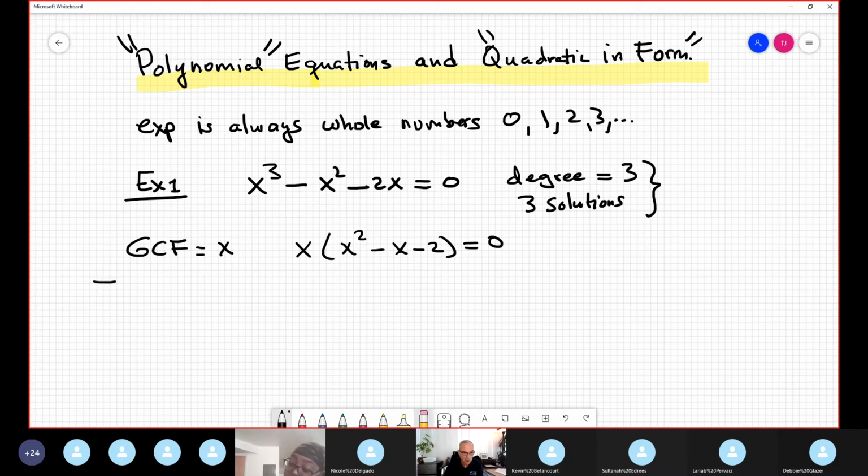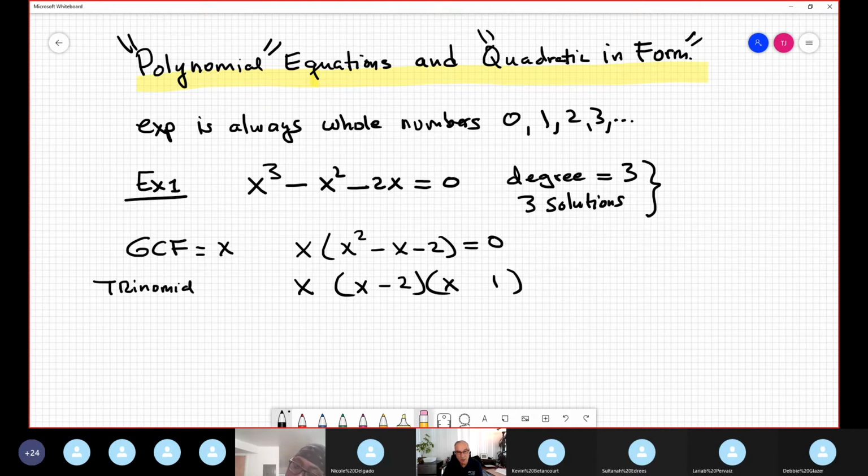No. Now trinomial. I separate into parentheses, put a variable x, and the combination that opens the door is 2 and 1, I guess, right? Because 2 times 1 is 2, and 2 minus 1 is 1. What sign? Different signs, of course.